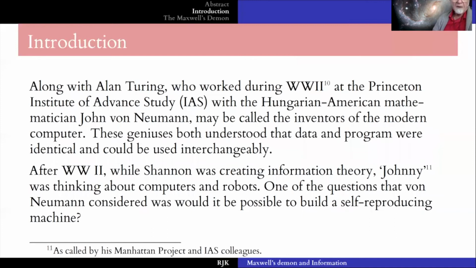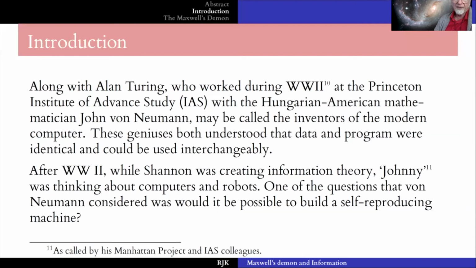So, as I said, Turing was designing a much more flexible computer, one whose operations could be designed at the beginning of a program and change the way in which the machine worked internally. But von Neumann was thinking about computers and robots.